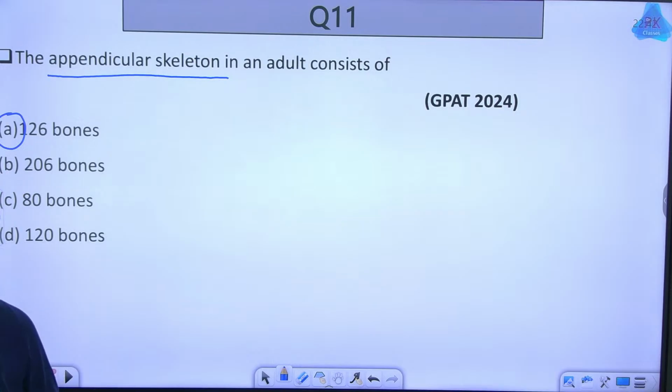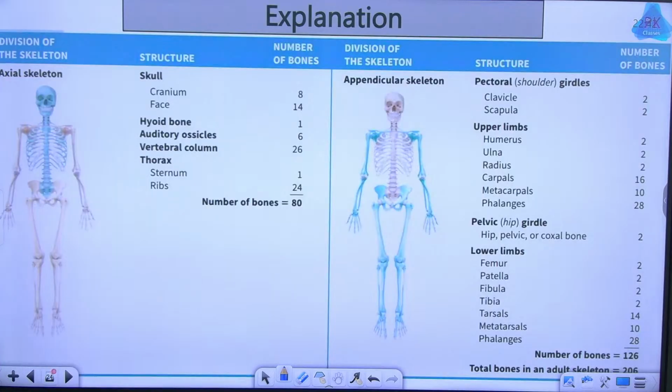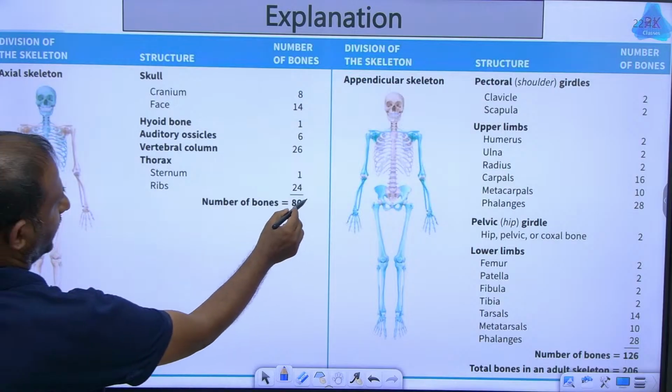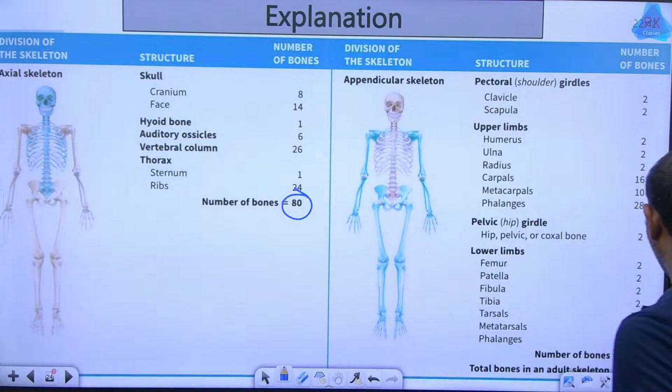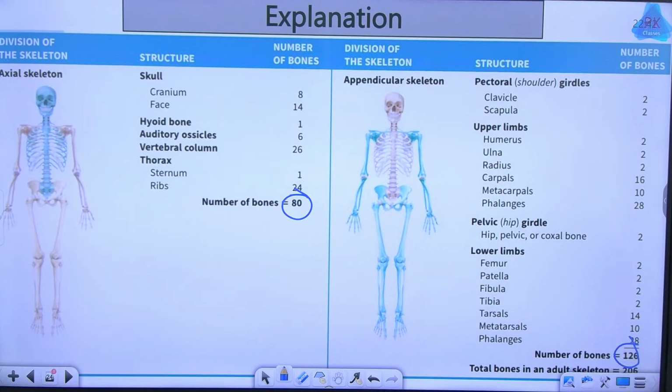So this is the axial skeleton which contains 80, appendicular skeleton 126. So total 206 bones.